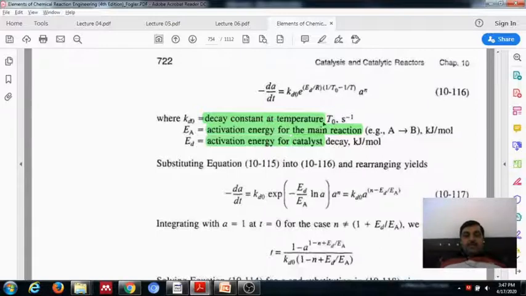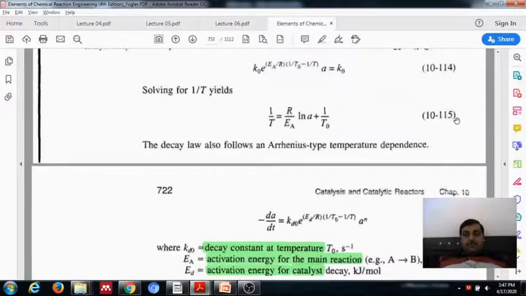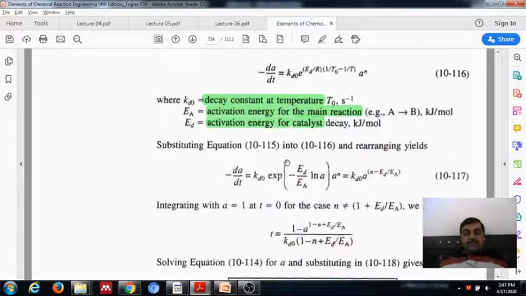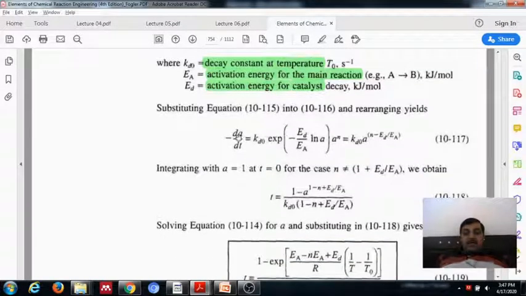So this has been replaced in this equation from 115 into 116, and you get dA by dt is kd0 exponential minus Ed by Ea ln A into A raised to the power n. Exponential of ln gets cut, minus Ed by Ea goes to the power of A plus A to the power n, so this becomes n minus Ed by Ea. That comes out to be here.